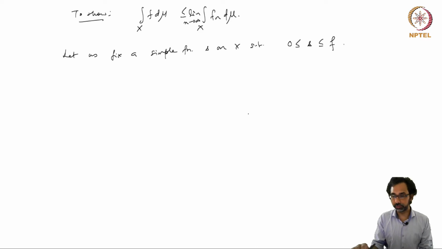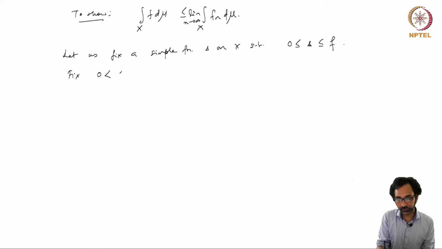So we are going to use the fact that the Lebesgue integral of f is defined using simple functions which are bounded above pointwise by f. So let us fix any such simple function S which is bounded above by f. Also fix a constant alpha which is strictly between 0 and 1.